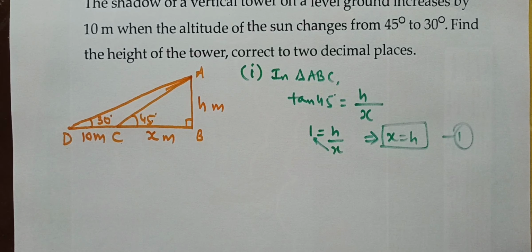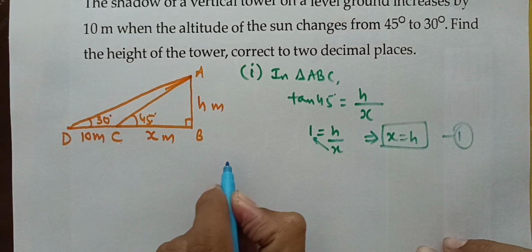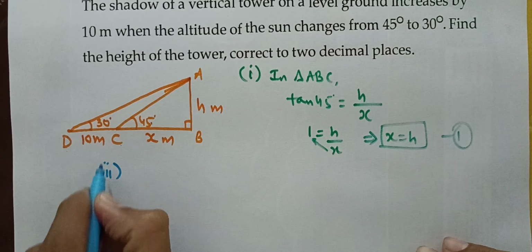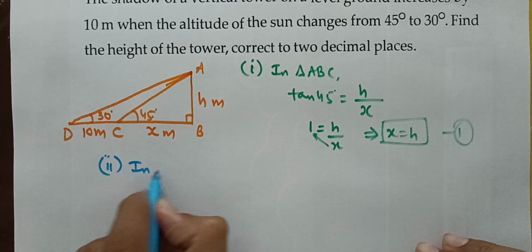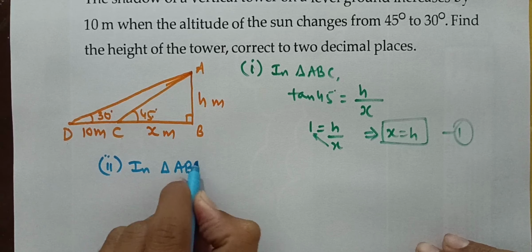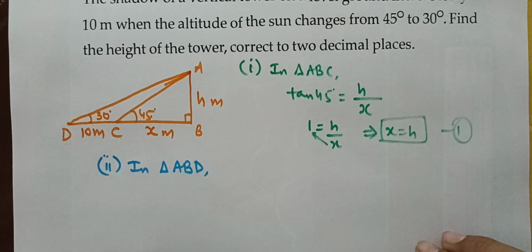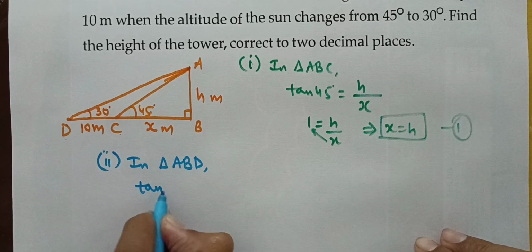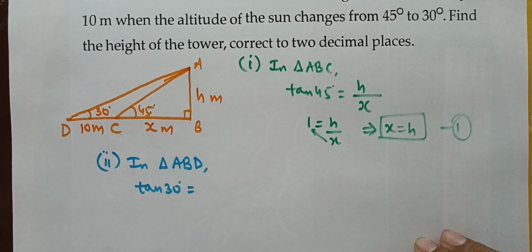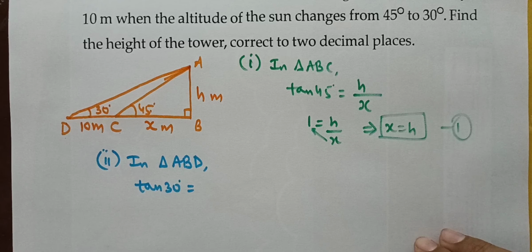And then after, what we have to do? We have to consider the second triangle, but it must be a right angle triangle. So the next right angle triangle is ABD. In case number 2, in triangle ABD, I write tan 30 degree equals opposite side upon adjacent side.